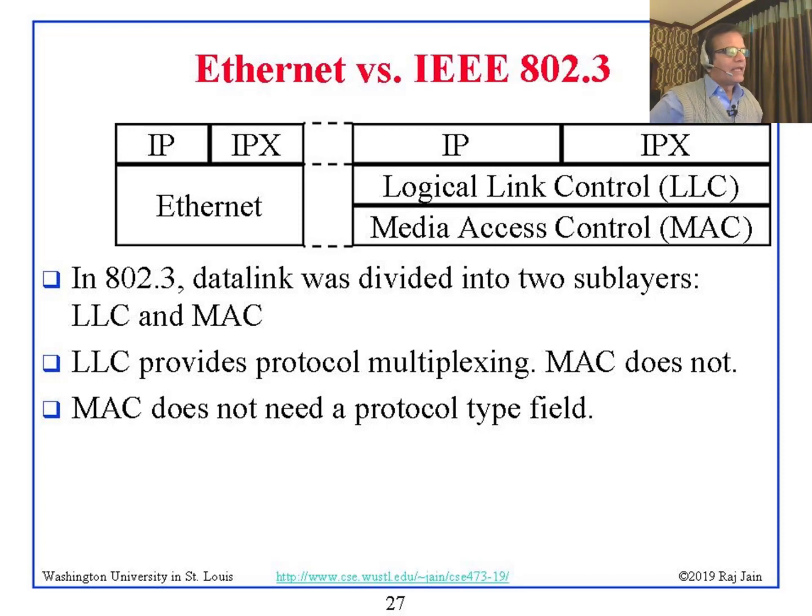All right. And so the original Ethernet, nowadays we lost that distinction, but here is what happened. Basically, when IEEE came about, people had to change their chips so that they can do IEEE as well as the original Ethernet.